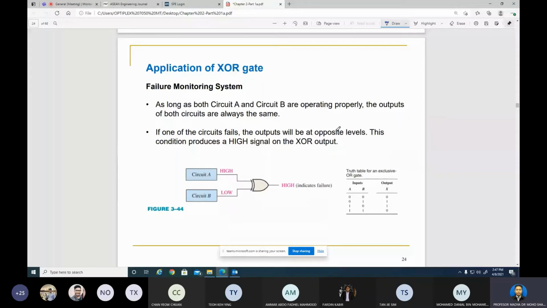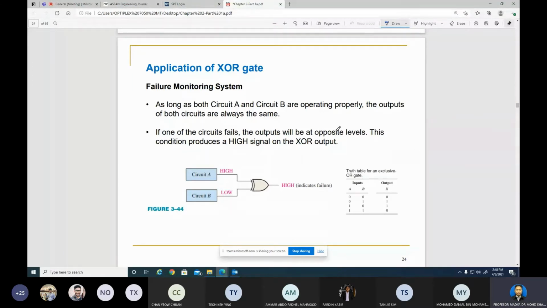This condition produces a high signal on the XOR output, which indicates the failure.